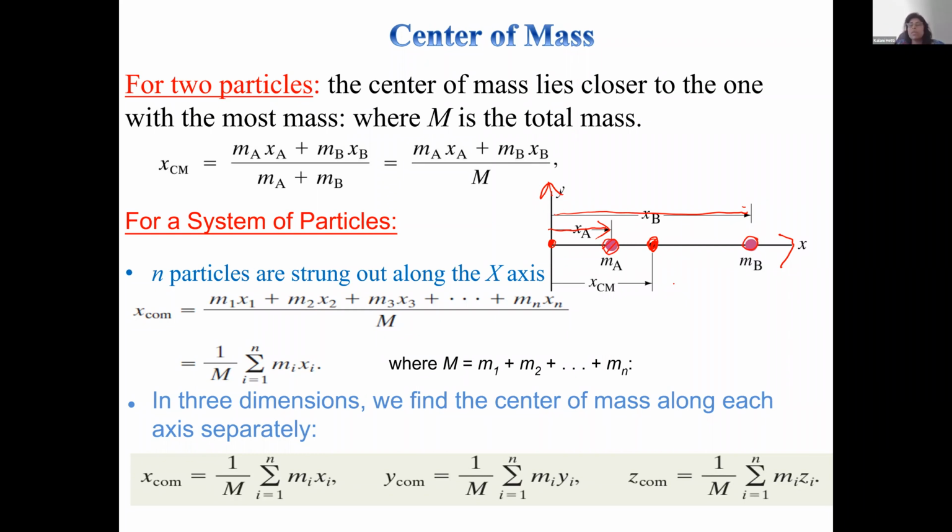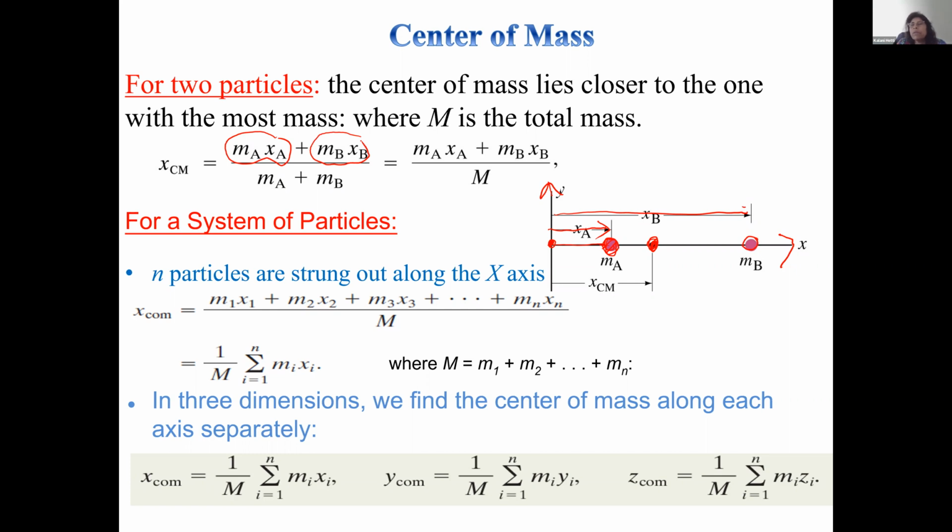Now, this is what I'm doing: choosing the origin on the x-axis somewhere, then finding the center of mass from that point, right? So now it is a very simple calculation. You take the mass of the first object and the distance to that object, that is MA XA, and then add MB and the distance to that object from exactly the same point, MB XB.